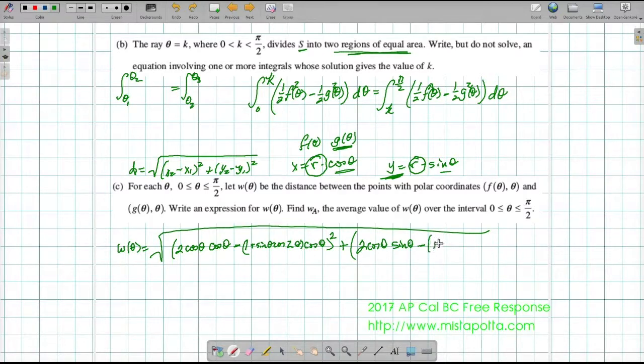So it's going to be 1 plus sine theta cosine 2 theta times sine theta. And then this expression is going to be squared. Ugliness. But this simplifies. Now what I have here is technically a correct answer for writing an expression for w of theta, but it's going to be horrible for me to continue the calculation. So I do need to do some simplification.